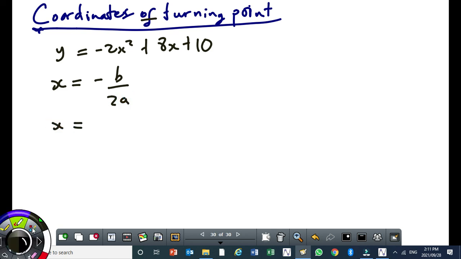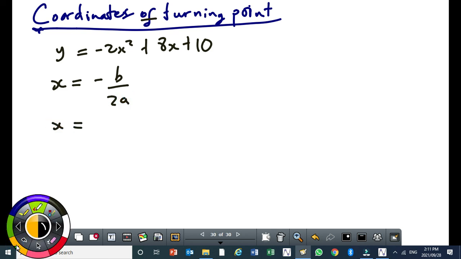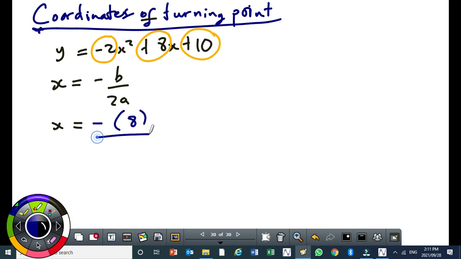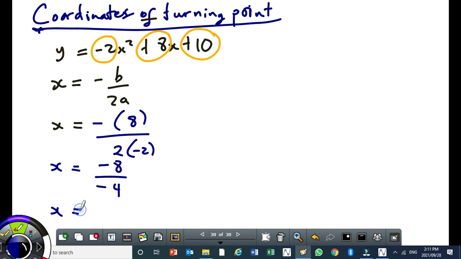Remember, this is the a value. The b value is positive 8. We are not worried about the c. Okay? So b is positive 8 and a is negative 2. So we'll get x equal to minus 8 over minus 4. So that would be x equal to 2, yes?